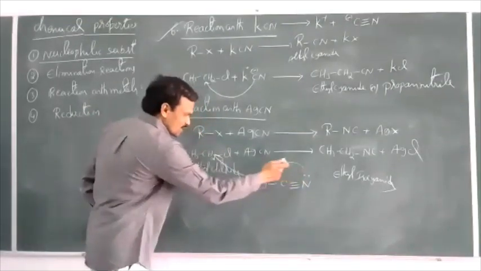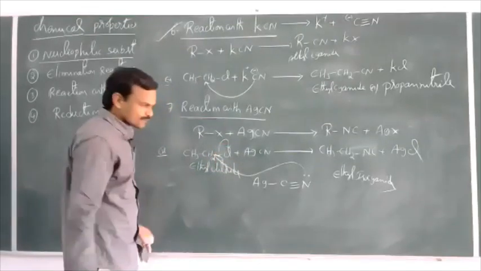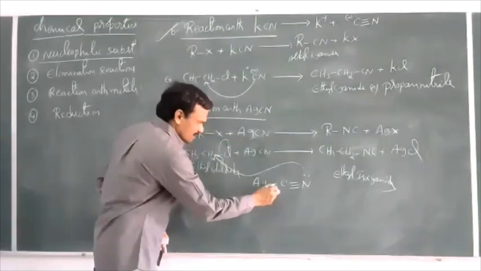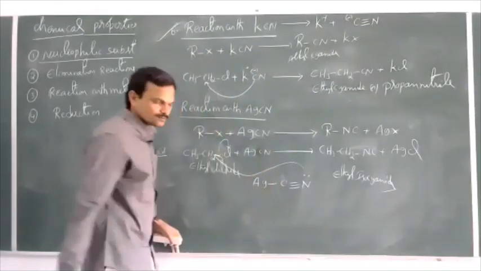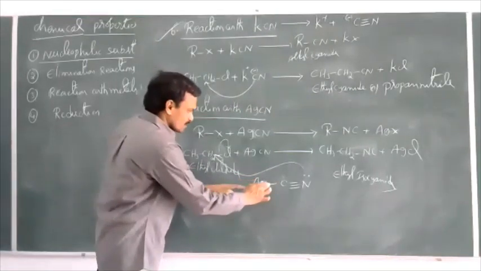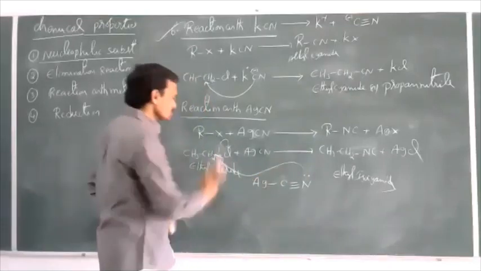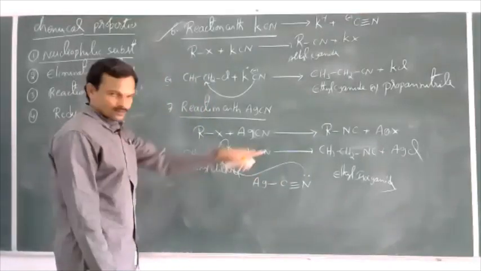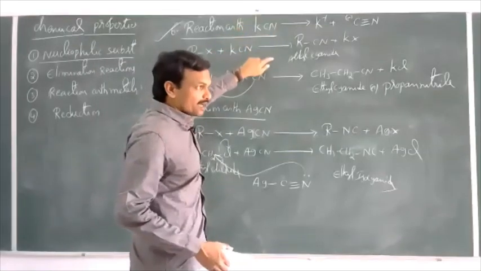Whenever nitrogen donates a lone pair to this carbon, the bonded electron pair is gained by Cl, and this electron pair is transferred to the carbon. Then Ag+ separates, and Ag+ and Cl- combine to form AgCl.